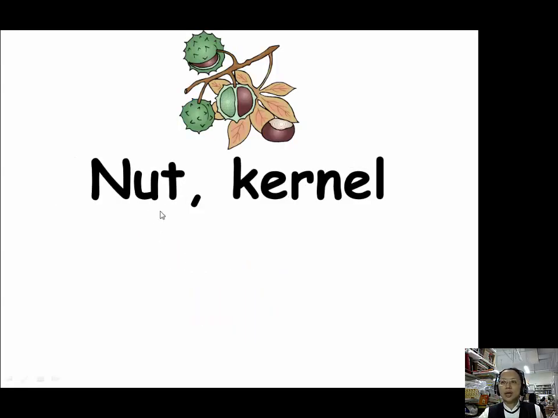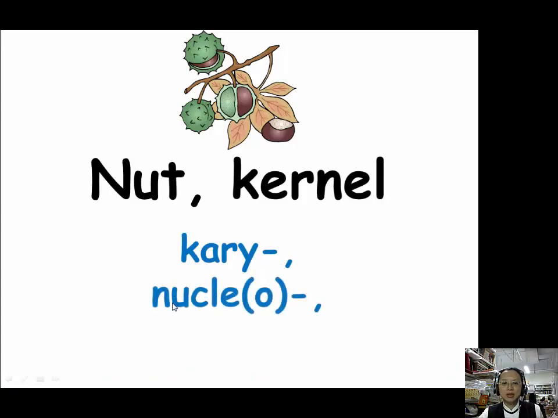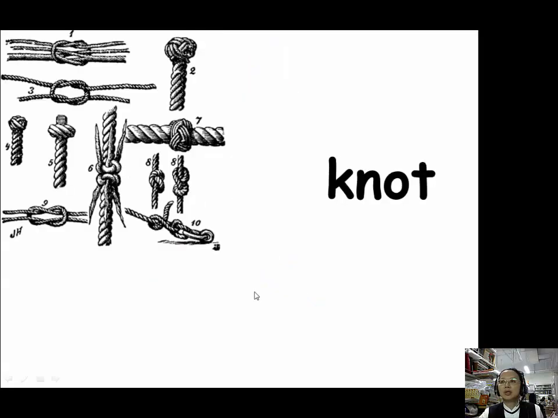If we want to describe things that are shaped like a nut or a kernel, we use K-A-R-Y or N-U-C-L-E-O, nucleo. When we want to describe things that look like a nut, we use N-O-D.